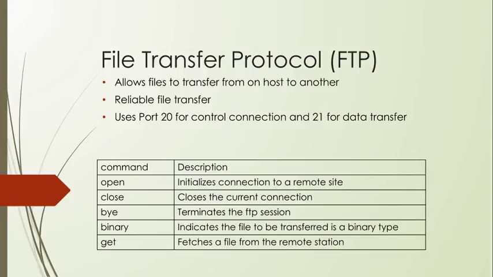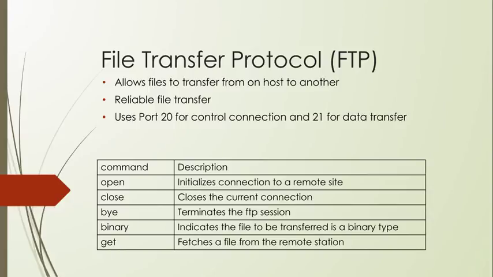Now let's go to file transfer protocol. This allows file transfer from one host to another, reliable file transfer, and uses port 20 for control connection and 20 for data transfer. So what does file transfer protocol mean as applied to the current world?